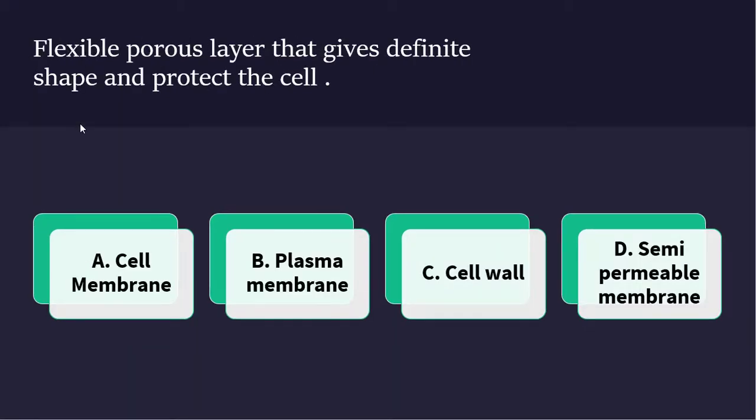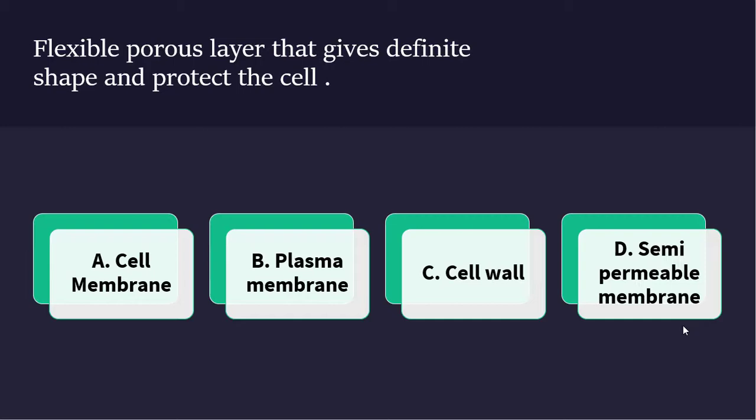The next question: which is the flexible porous layer that gives a definite shape to the cell and protects the cell also? Cell membrane, plasma membrane, cell wall, semi-permeable membrane. Please think, children.